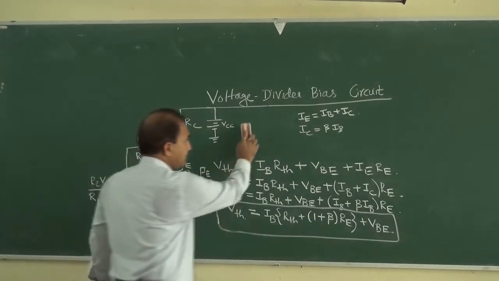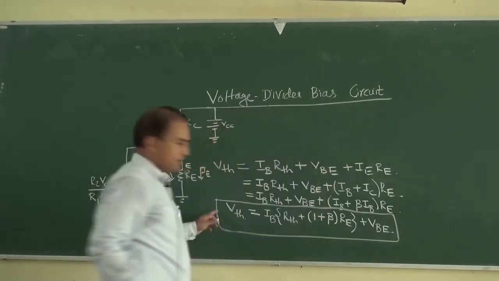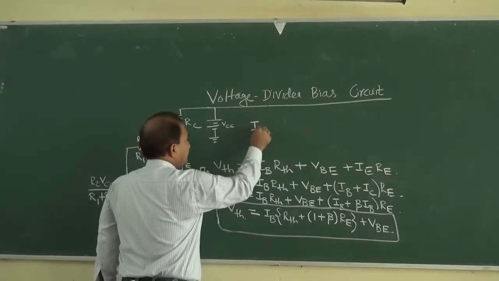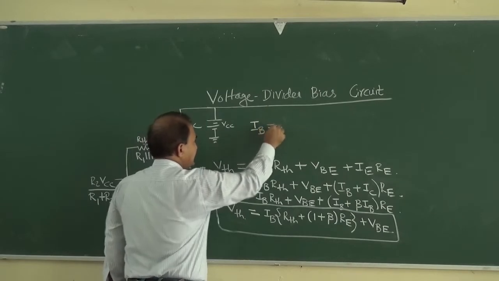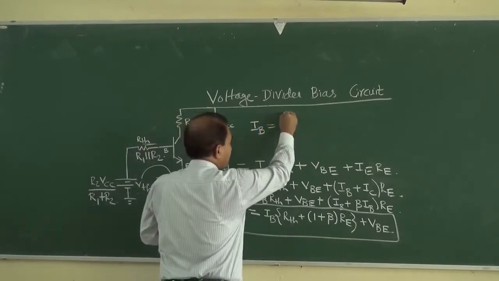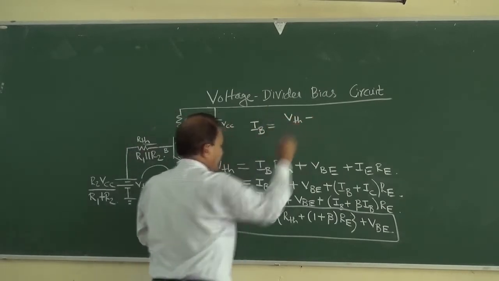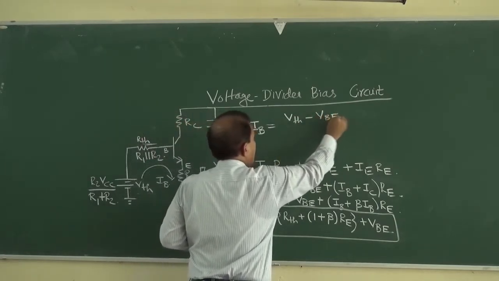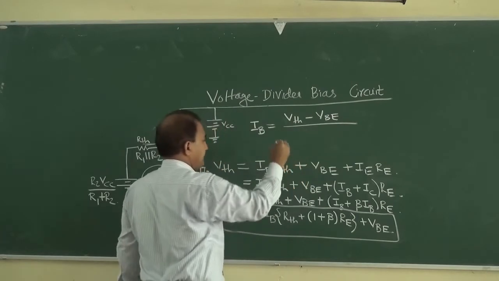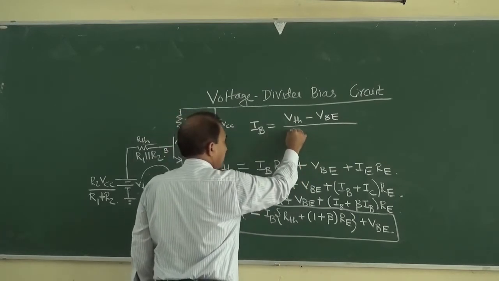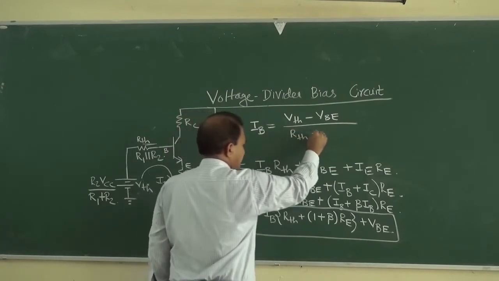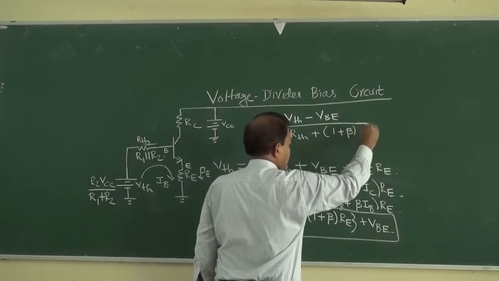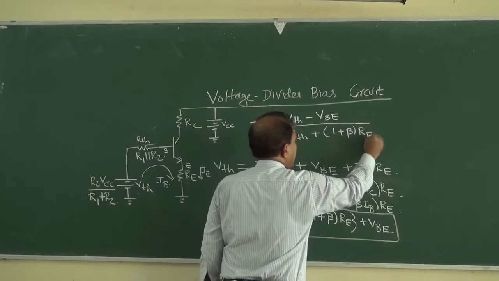From this we can write the expression for IB. It is equal to VTH minus VBE divided by RTH plus (1 plus beta) multiplied with RE.